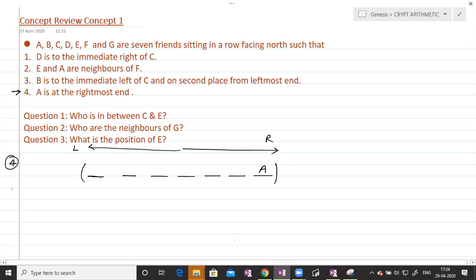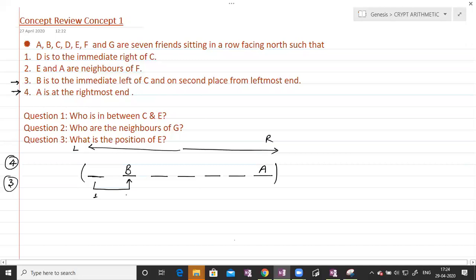Now look at the third statement. What does it say? It says B is to the immediate left of C and on the second place from the leftmost end. So B must be here, second from the leftmost end.